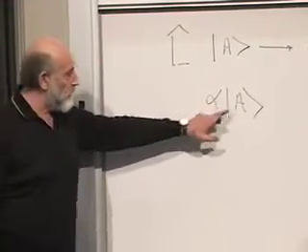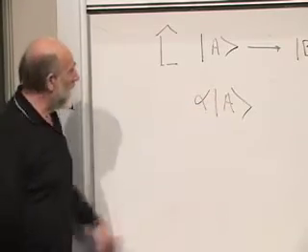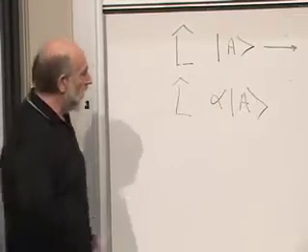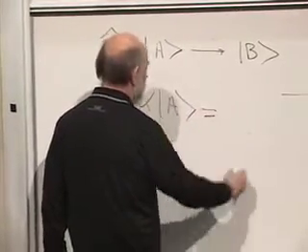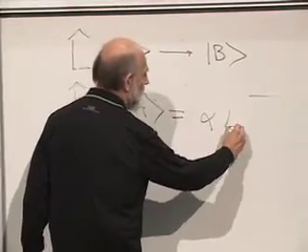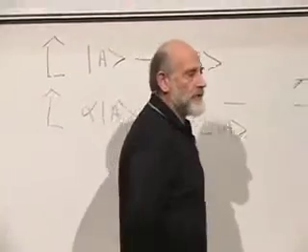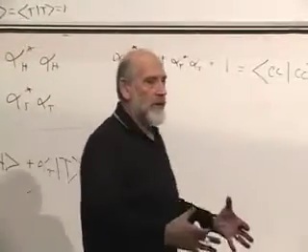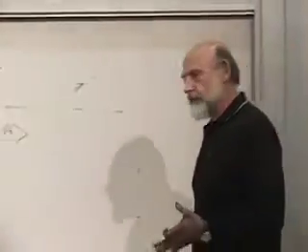Remember, vectors are things you can multiply by numbers. Multiply the vector a by a number, and then apply the linear operator. Well, the answer is equal to alpha times the linear operator on a. So in other words, if you take twice a vector and apply the linear operator, it just gives you twice what the linear operator gives on the original vector.